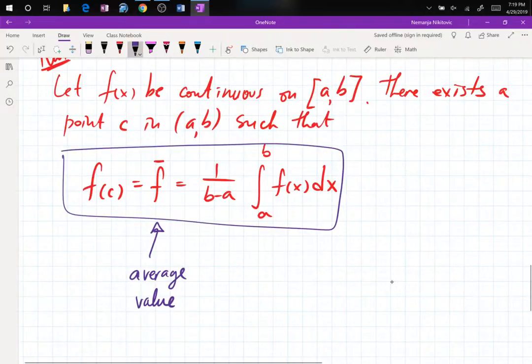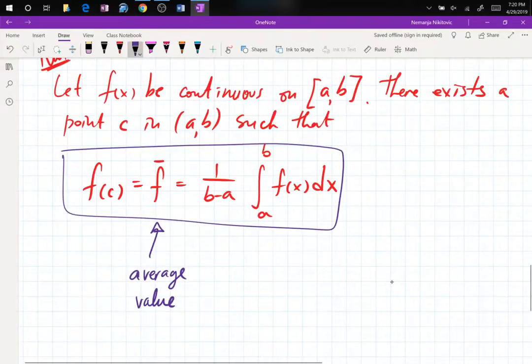I can calculate the average rainfall for three months if I go 5 to 8, with the limits, because the limits would contain time, and the rainfall function goes inside the interval. So I can calculate the average if I use this formula. If I don't have this piece in front, if I only use the integral, that's going to calculate the amount of rain that fell in 3 months.